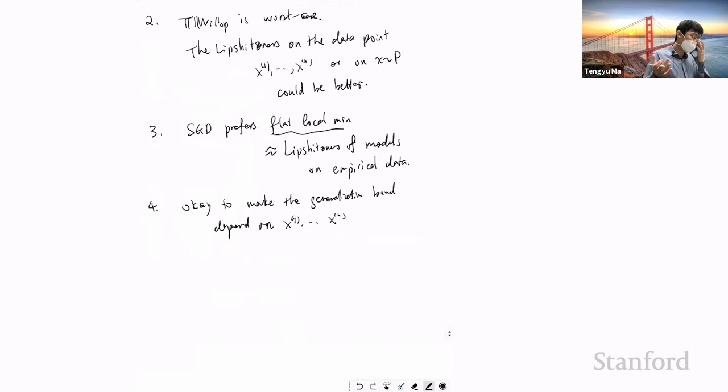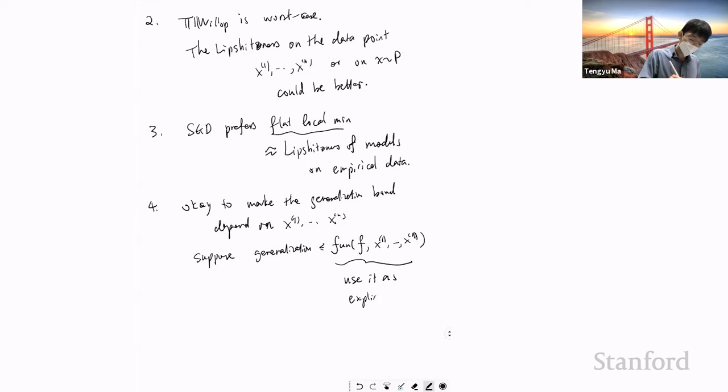In some sense this is actually nice, because suppose the generalization error is less than some function of the classifier and x_1 up to x_n. This is still useful because you can use it as an explicit regularizer. There's no problem for a generalization bound to depend on empirical data. You probably don't want it to depend on the population data, because then you don't know how to regularize it. But if it depends on empirical data, it's fine.